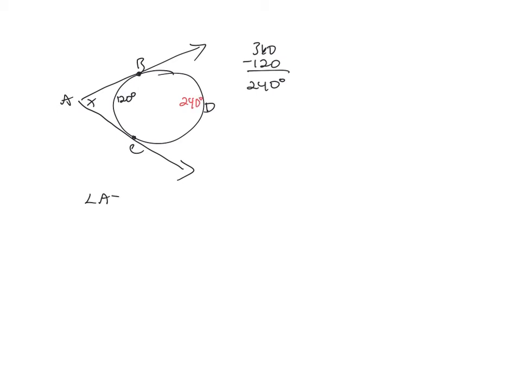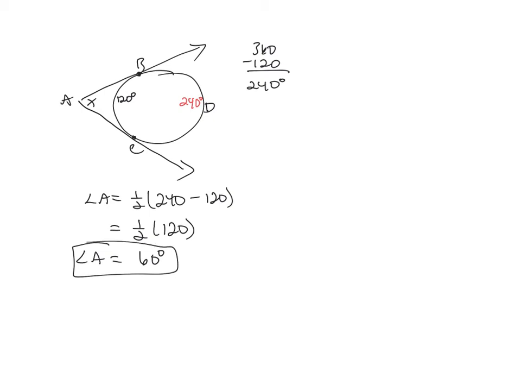And then I can do angle A equals half of 240 minus 120, which is 120, or 60 degrees. So it's just identifying the two arcs that you need to use to either add or subtract together.